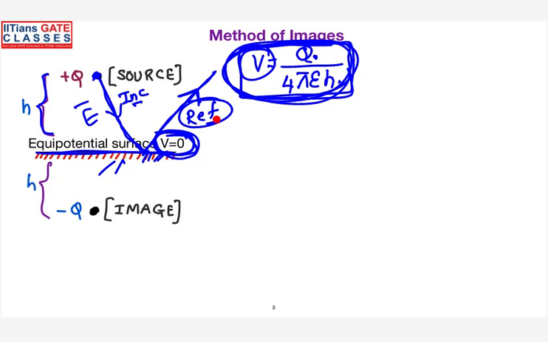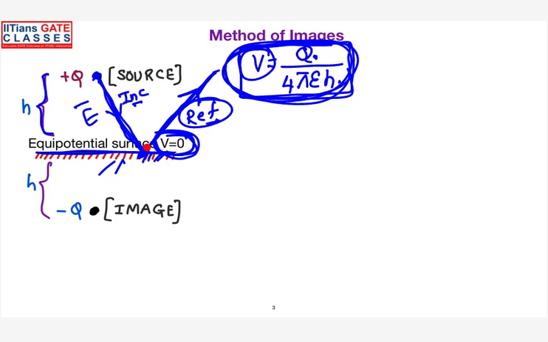Because the conductor doesn't allow the electric field to pass through, whatever electric field intensity is incident on the conductor, everything will get reflected back with opposite polarity. So if the incident field causes 10 volts on the ground surface, the reflected electric field causes minus 10 volts. So the resultant potential will never change.